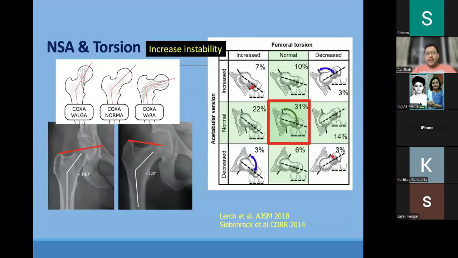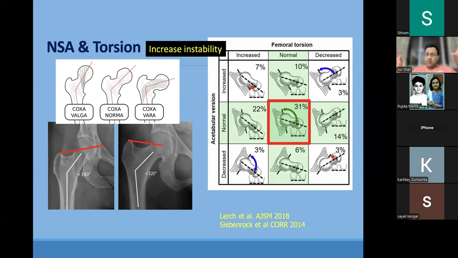Then next is coming to the torsion. Most hip preservation surgeons are looking at torsion with quite a renewed interest because we feel there is a lot of play of torsion with FAI and some of the symptoms. If you just look at this chart, you see the green is your normal.